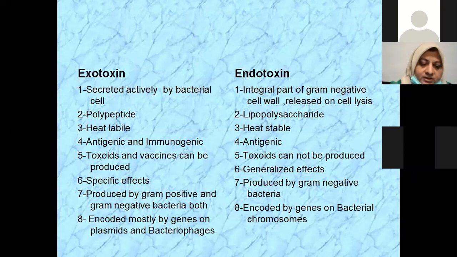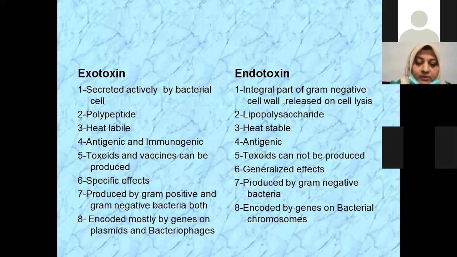So exotoxins can be used to produce toxoids and vaccines because they are highly antigenic and highly immunogenic, so we can use them to produce immunity through toxoids and vaccines. While endotoxins cannot be used as toxoids. Exotoxins have specific effects on certain cells and organs, while endotoxins exert generalized effects that we will see later.